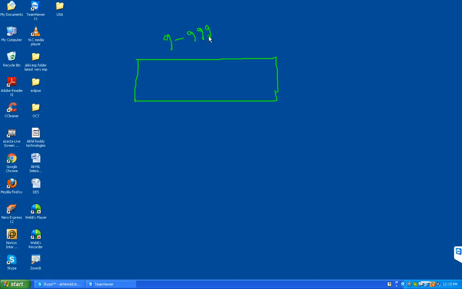To test this field, we need to take 9 characters, then 10, 11, 12, 13, 14, 15, up to 999 characters. So nearly 990 inputs. It is very difficult.